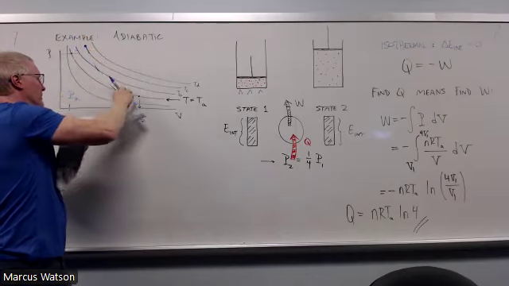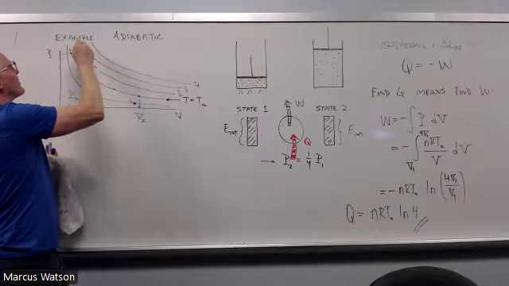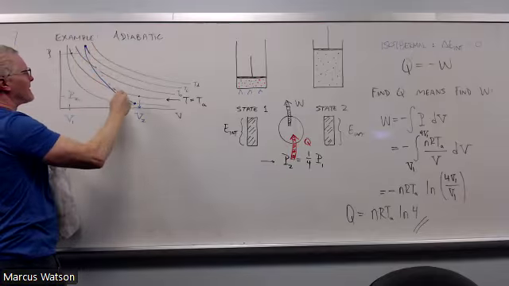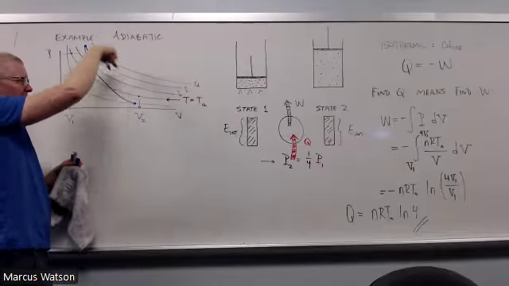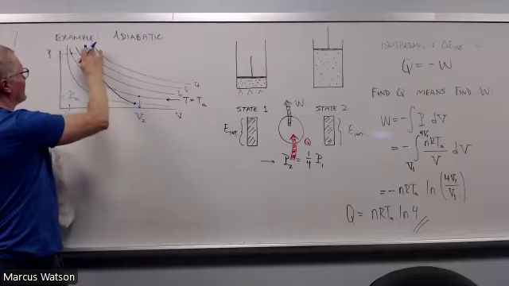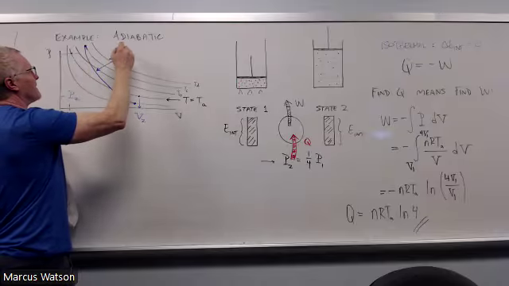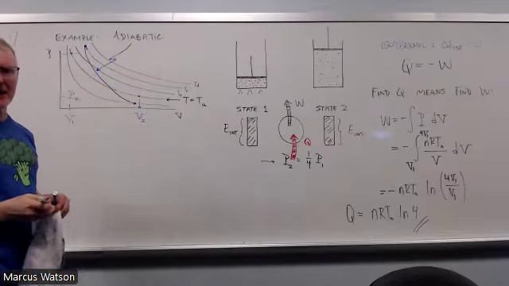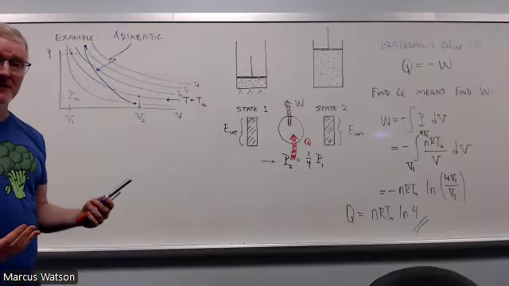I'm not totally happy with the way I drew that. All right, so it's a little bit more like that. Okay. Feeling like I was kind of coming into this point a little bit too steeply. So anyways, it kind of curves down like this, right? That's an adiabatic. That's the one in which no heat is transferred.